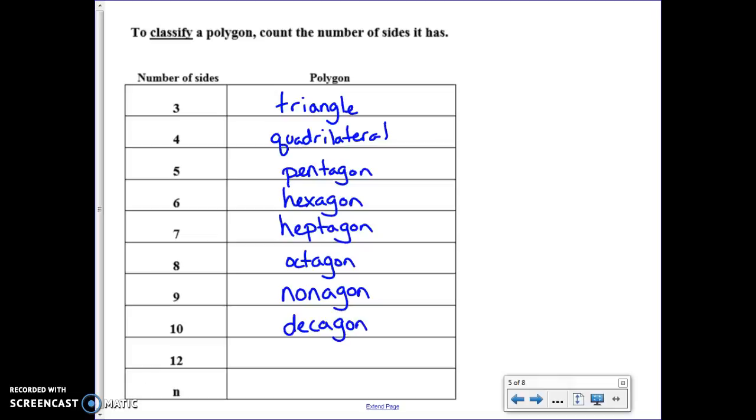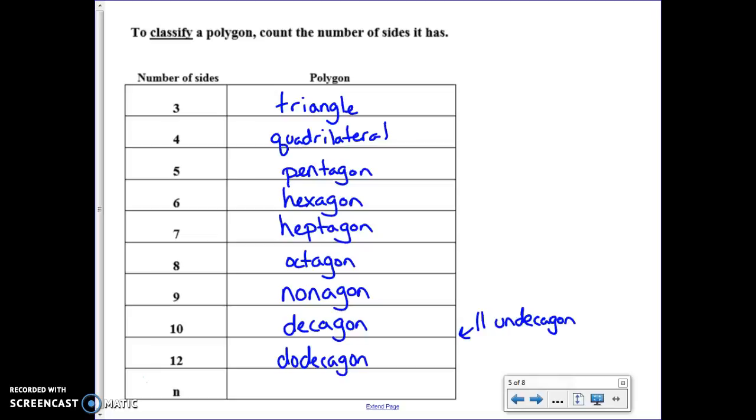Your book doesn't actually name an 11-sided figure if you're curious. 11 sides is an undecagon. But you don't have to know that. A 12-sided figure is a dodecagon. I told you to think decade for decagon, 10.